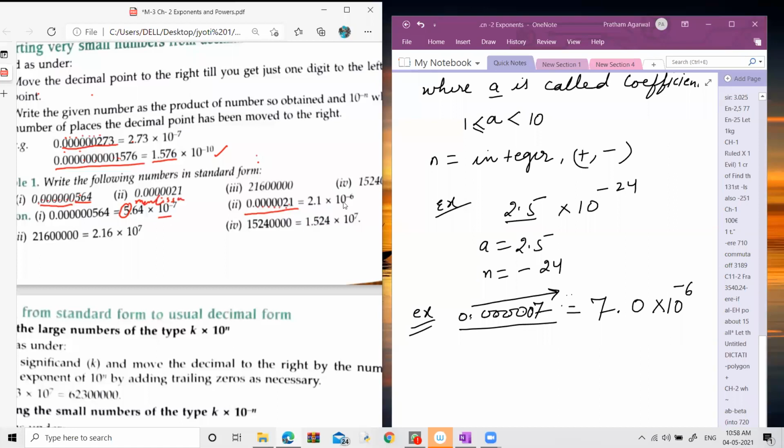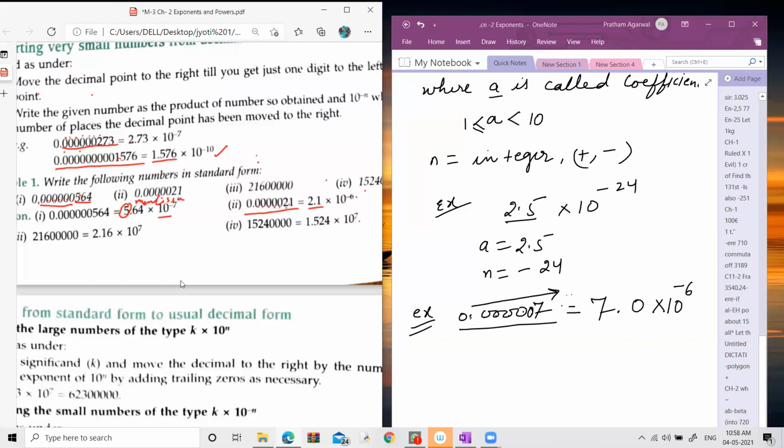Why? Because you are shifting the decimal from left to right. Whenever you shift the decimal from left to right, it should be a negative power. Is it clear? Now write 2.1 only and remove all the zeros.